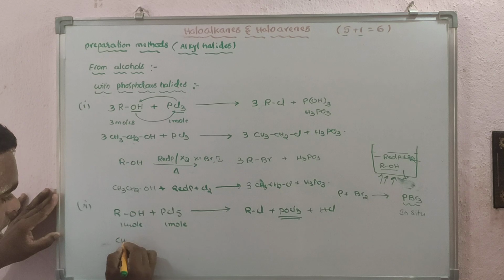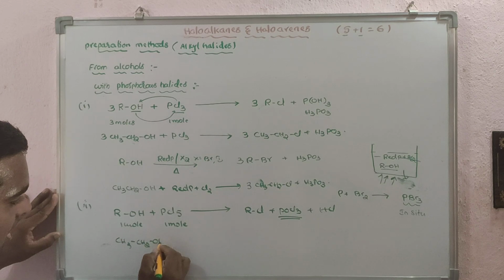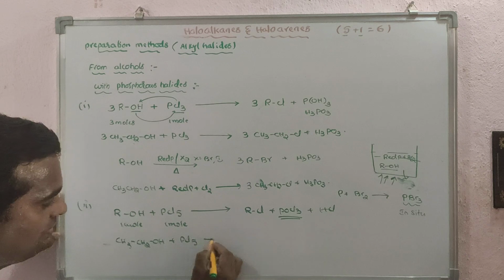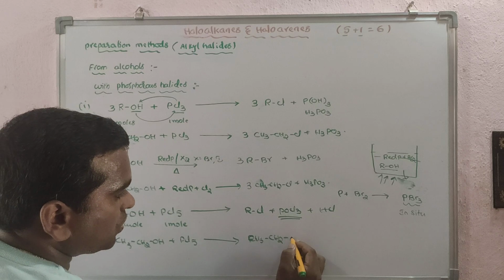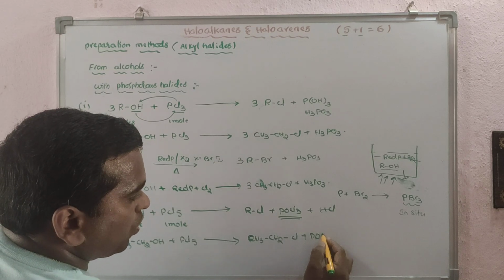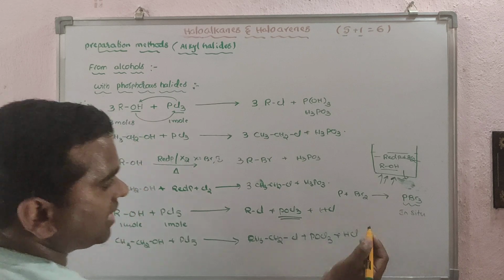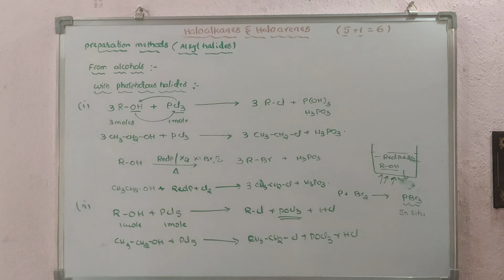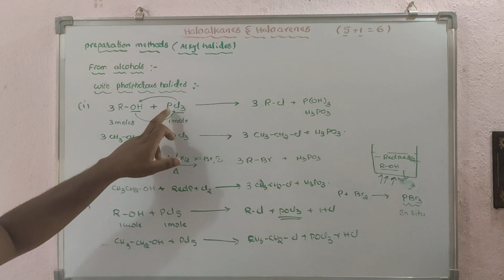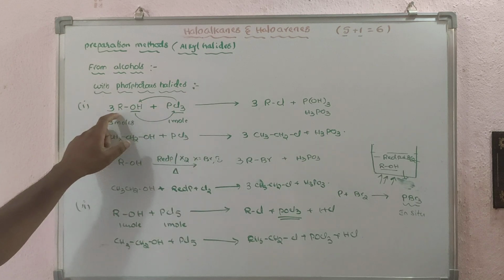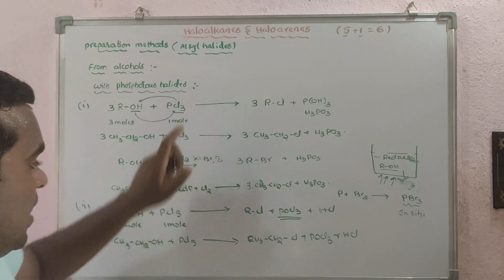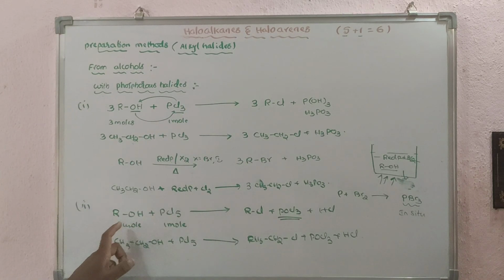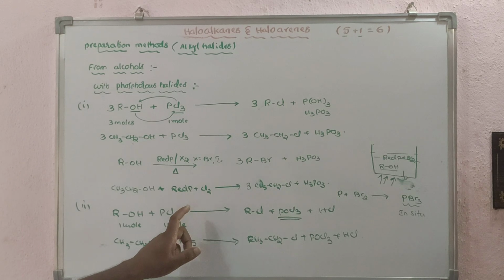If I take an example, ethyl alcohol treated with PCl5, you will get the compound CH3CH2Cl plus POCl3 plus HCl. This is the reaction with phosphorus trihalides and phosphorus pentahalide. Remember one thing: with the phosphorus trihalide, 3 moles of alcohol react with 1 mole of the phosphorus trihalide. But with phosphorus pentachloride, 1 mole of alcohol reacts with 1 mole of PCl5.